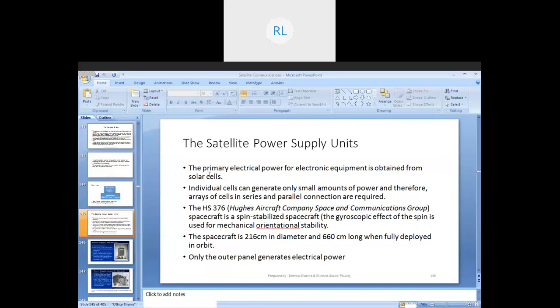So you can see here that the primary electrical power for your electronic equipment is obtained from solar cells, right?